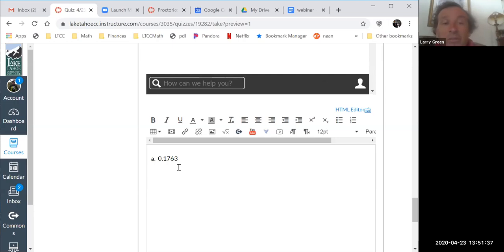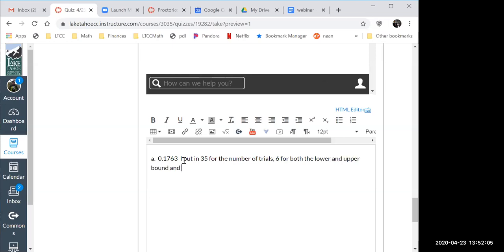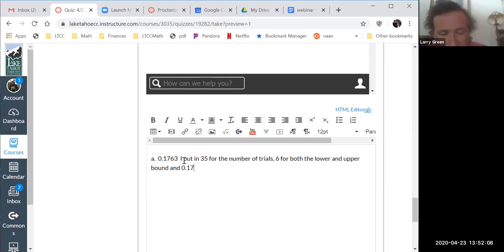You should write a little explanation of what you did and how you got this number. That way, if it's not right, I can still give you some credit, a lot of credit, especially if you did most of it right. So you can say, I put in 35 for the number of trials, 6 for both the lower and upper bound, and 0.17 for the probability.